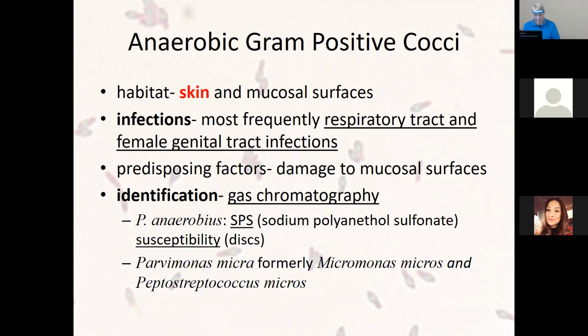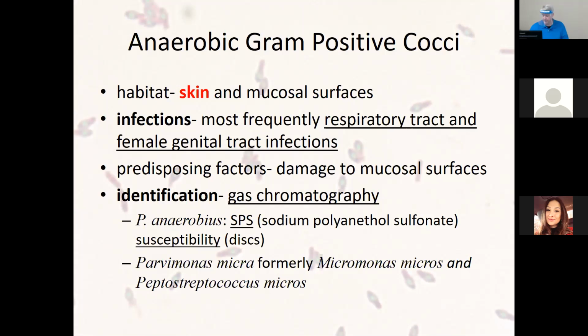Are we at Parvomonas here? Is that all these or is that Peptostreptococcus? Are they all Parvomonas or Peptostrepto? We got one little section in the book, like one little page, like 522, one little line.